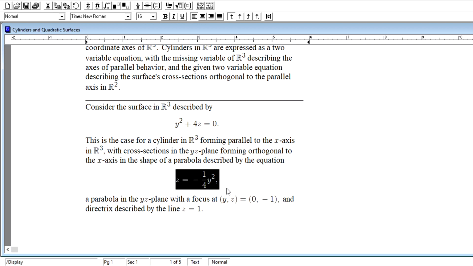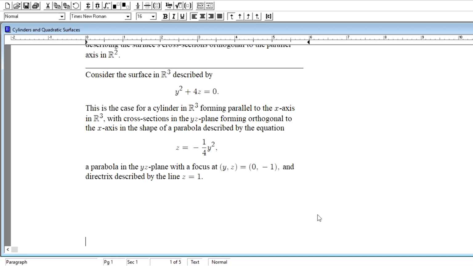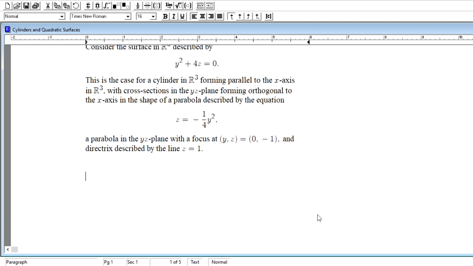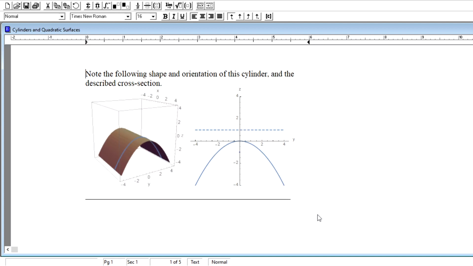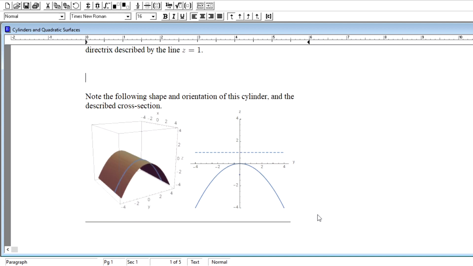All right? This is the description of the parabola that is going to, in a sense, extrude itself along the x-axis, running or forming what we say is parallel to that x-axis. Here's the illustration of that surface.